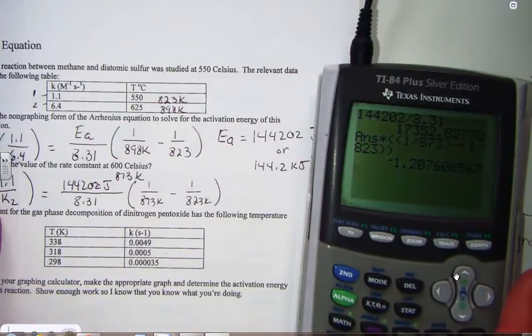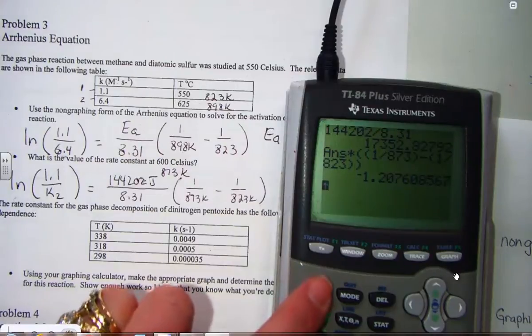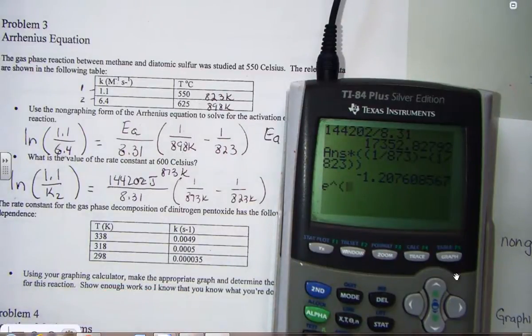Now remember, we need to get rid of the natural log, so the opposite of ln, second function ln, is e raised to that answer.